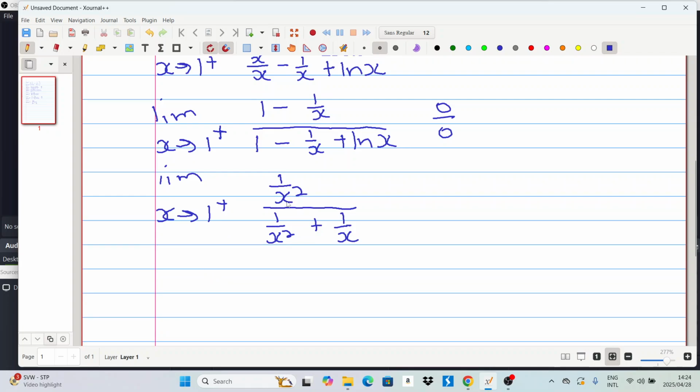When we substitute 1, 1 over 1 squared is going to give us 1, plus 1 over x gives us 1. So our final answer is going to be equal to 1 over 2.